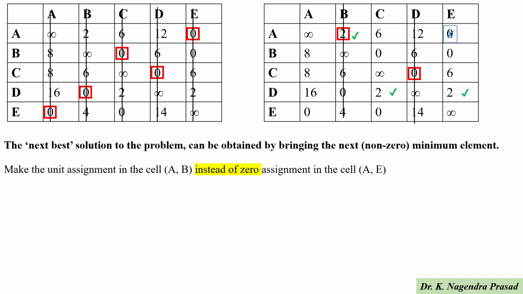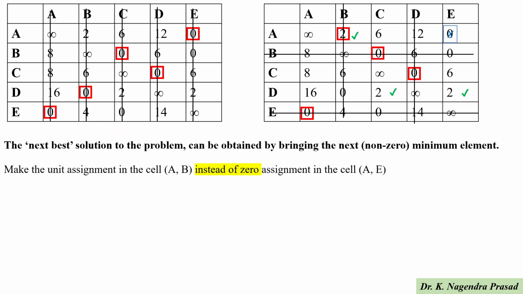So next I go for the column scanning. For the first column, there is only 1 zero, so I mark a square and draw a horizontal line. The second column was already removed in the row scanning. In the third column there is only 1 zero, so mark a square and draw a horizontal line.